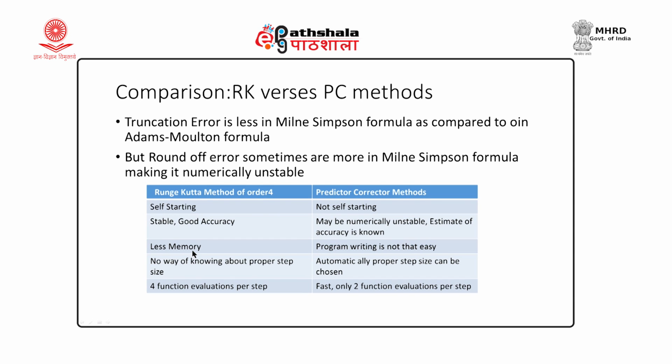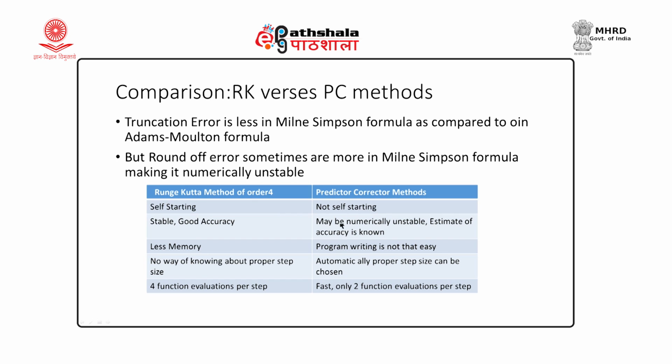Runge-Kutta formulas, being direct and single step formulas, require less memory, whereas predictor corrector methods require more memory and program writing is not that easy. In the case of Runge-Kutta, because you are direct, all you have is h raised to 5, so there is no systematic method of knowing the proper step size for a particular example.